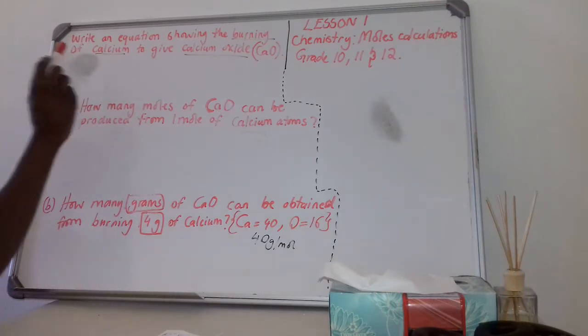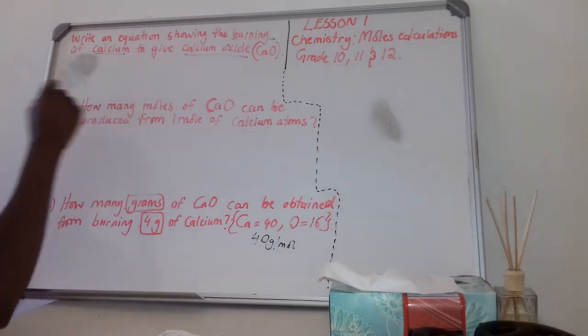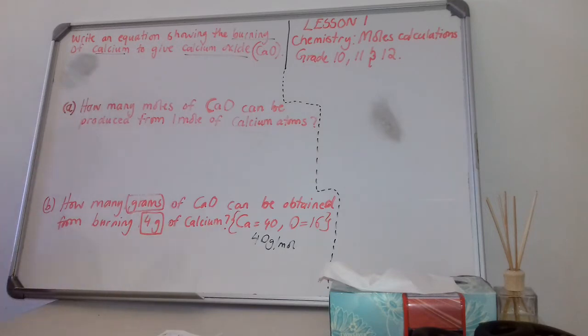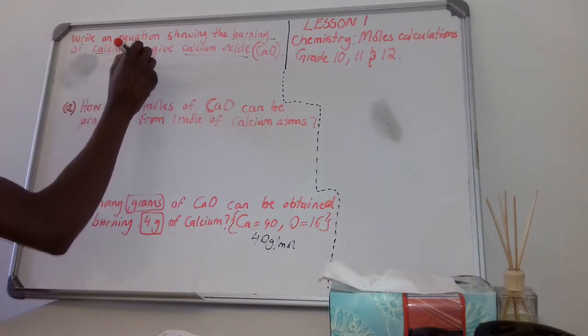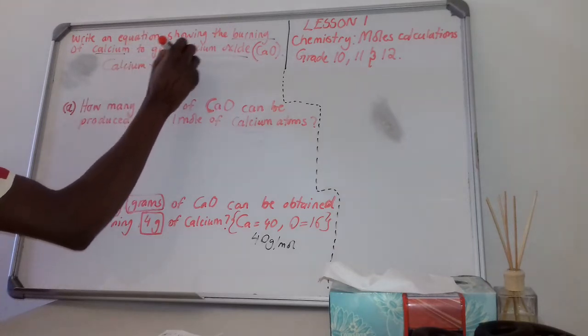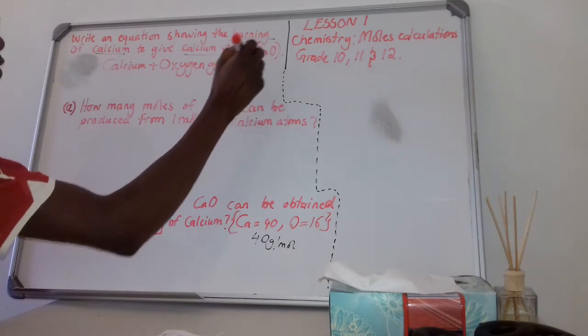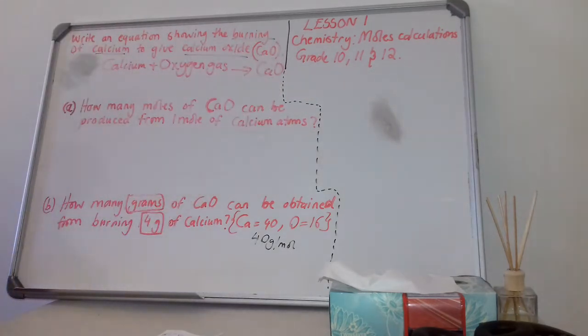We should write down an equation showing the burning of calcium to give calcium oxide. Burning means calcium is heated in air. So it's calcium, we add oxygen gas, because burning cannot take place without oxygen gas, to give calcium oxide. Sorry, I am supposed to write that in full words.